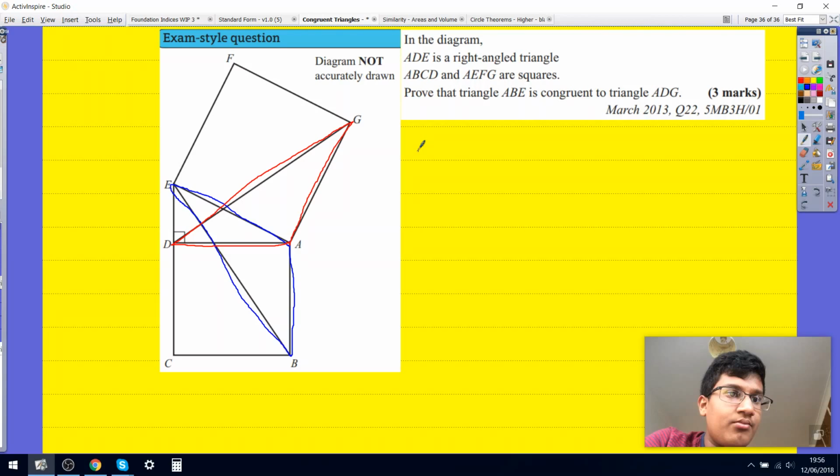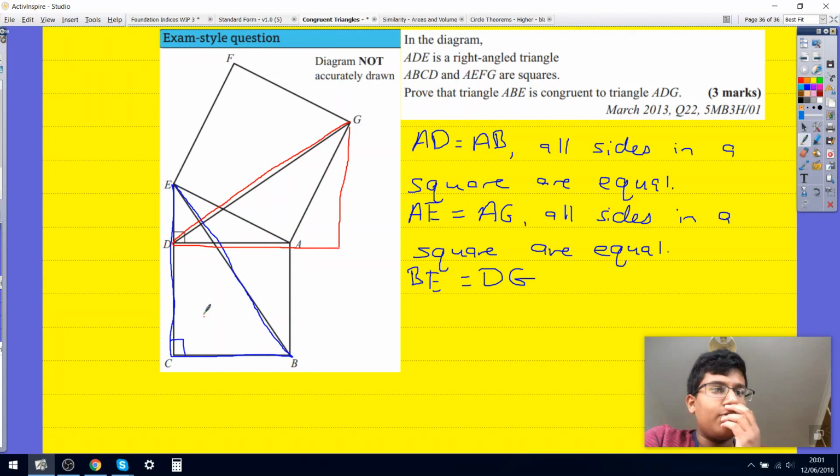If you just extend the line from G to D a little bit longer, I see that as well. I don't know if that will work though.